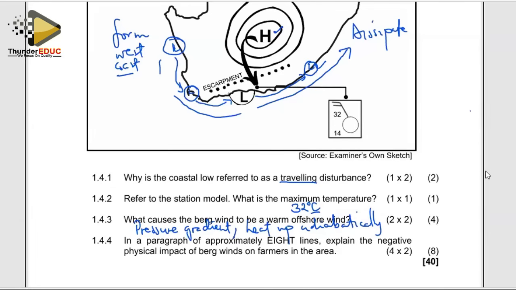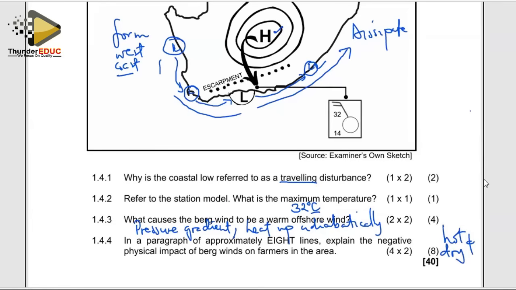And question number 1.4.4 says, in a paragraph of approximately 8 lines, explain the negative physical impact of Berg winds on farmers in the area. How are farmers in the area impacted by the Berg winds? We understand that the Berg winds are ultimately hot and they are dry.